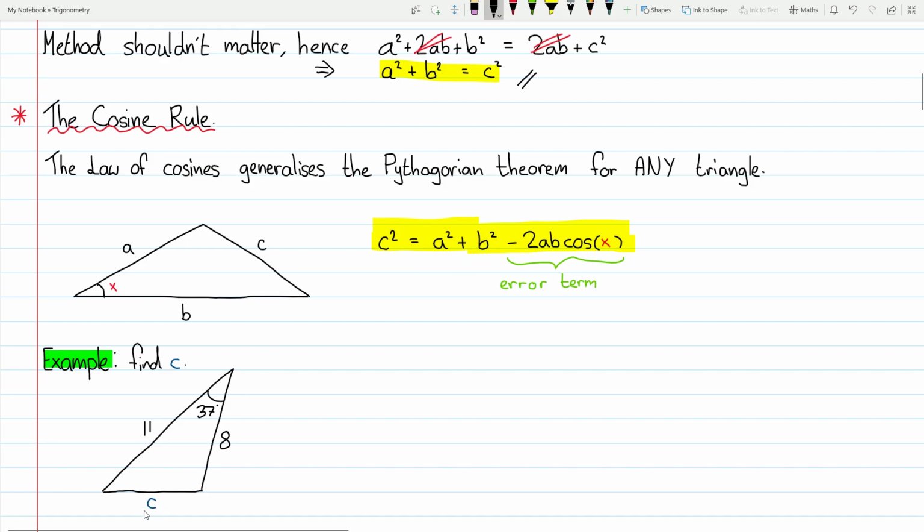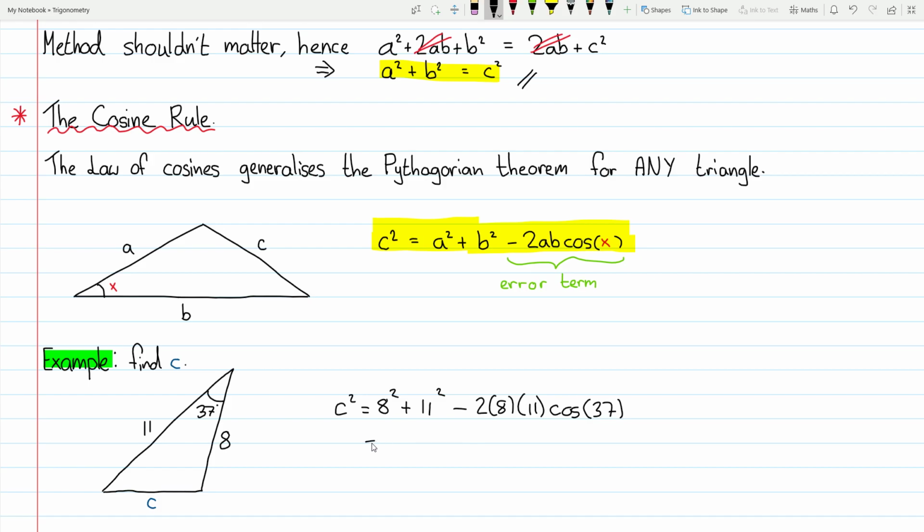So we want to find this side length c. Well, we'll use our formula up here, we'll use the cosine rule. So a squared, which, I don't know, we'll pick as 8, so a squared is 8 squared, plus b squared, which is 11 squared, and then we minus 2 times 8 times 11 times the cosine of this angle, 37.